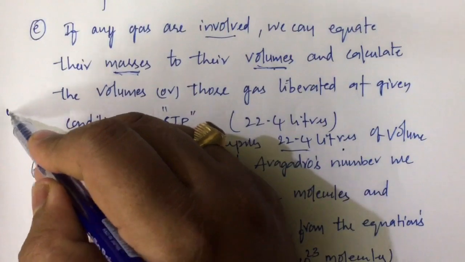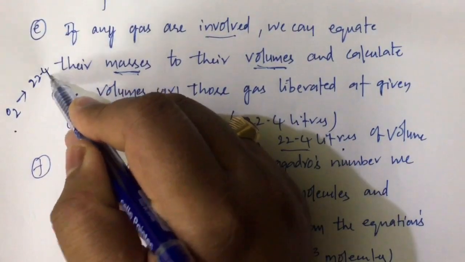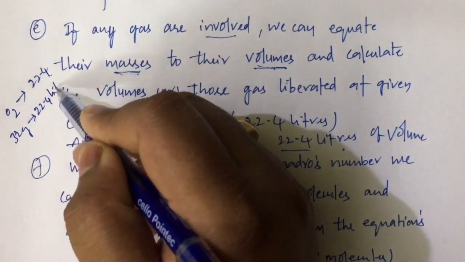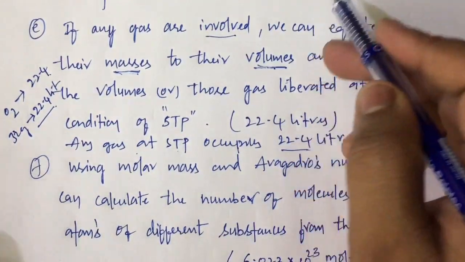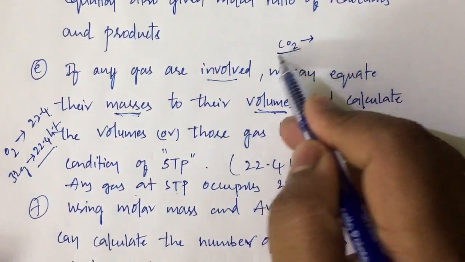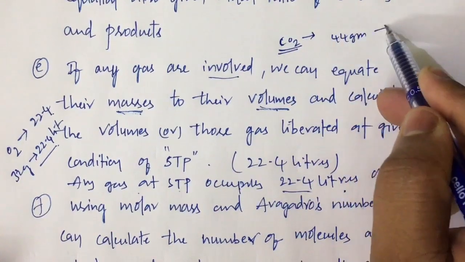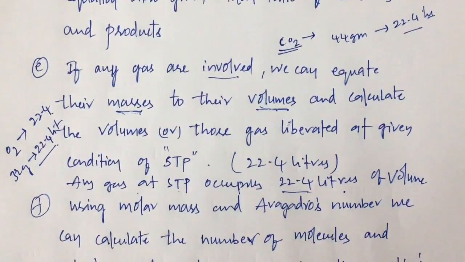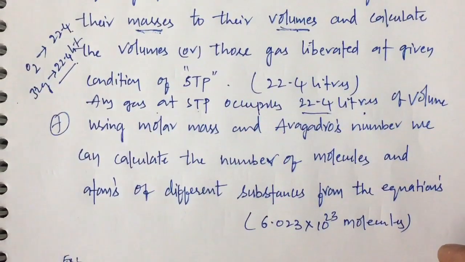For example, if oxygen is liberated, its molar mass, 32 grams, occupies 22.4 liters of volume. If a gas called carbon dioxide is liberated, its molar mass, 12 plus 32, 44 grams, is equal to 22.4 liters of volume. In this way we can calculate the masses of a gas which are involved in a chemical reaction.